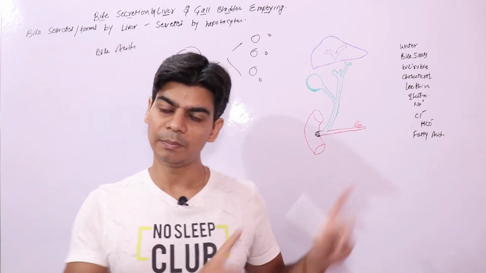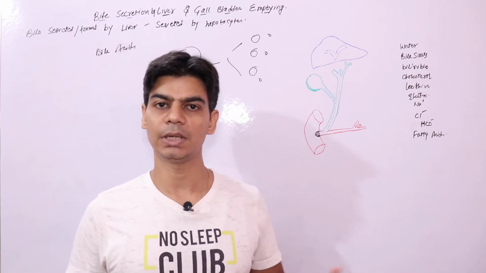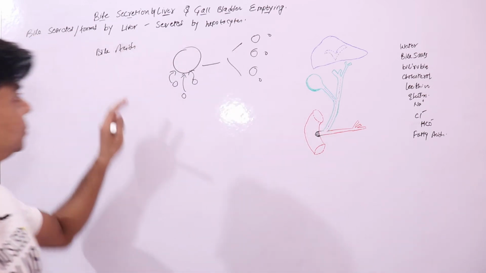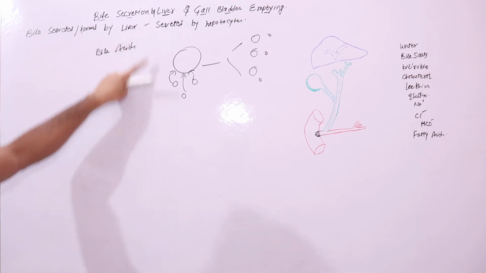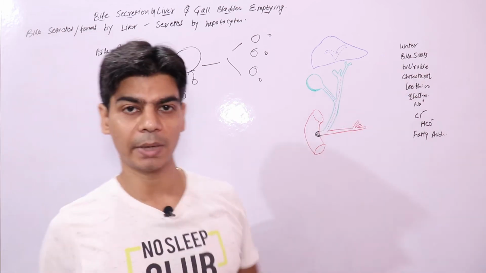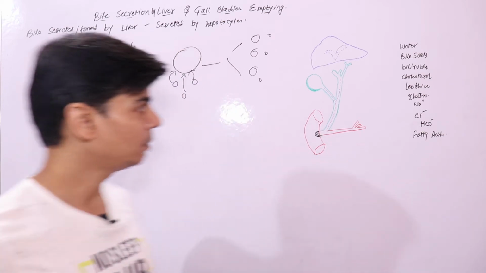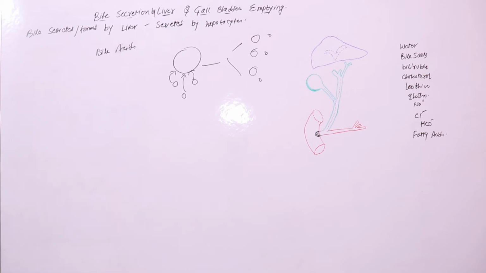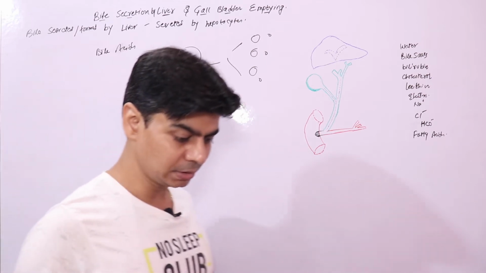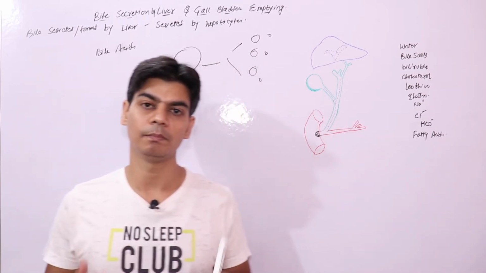Now, emulsification of fats and fat digestion we will be covering in a different lecture. Here I just want to tell you the function of bile salts, which is one of the components of bile. This is the most important function of bile salts or bile acids. And another important function of your bile is that it helps in the excretion of waste products of blood.